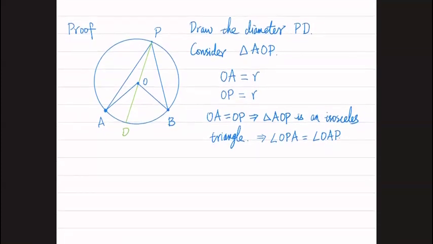Next, let's recall the exterior angle theorem. What does it say?